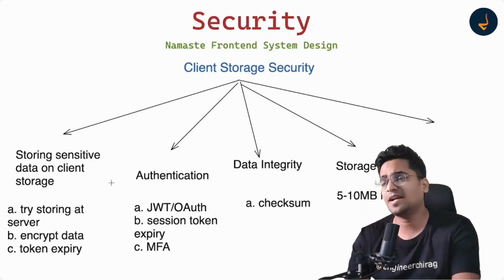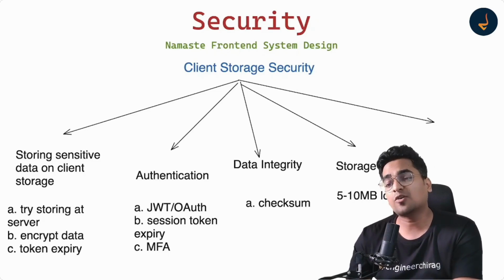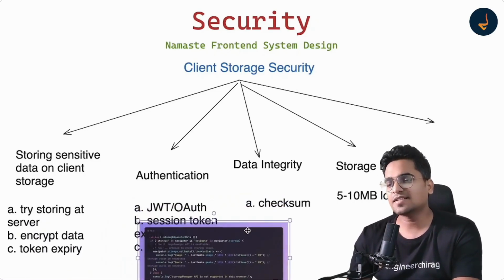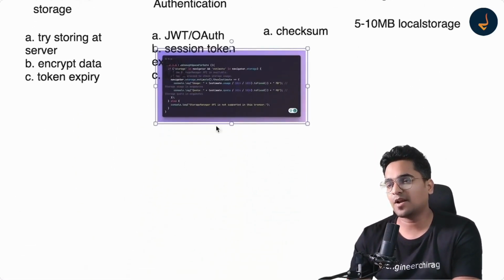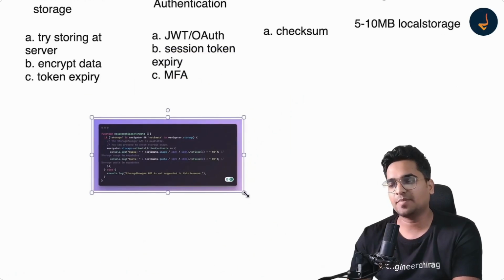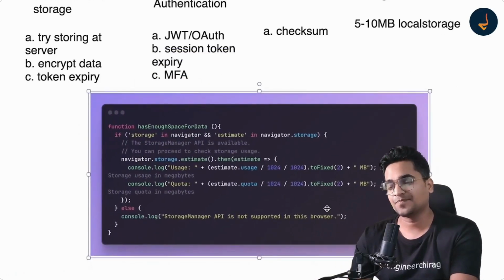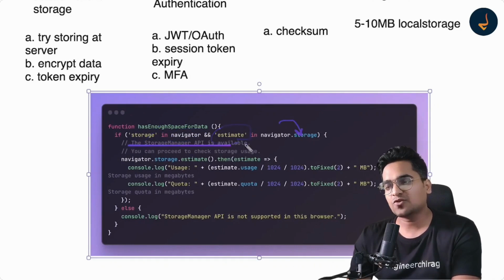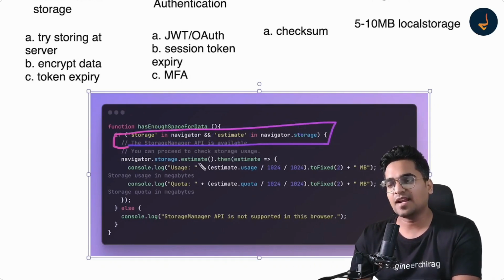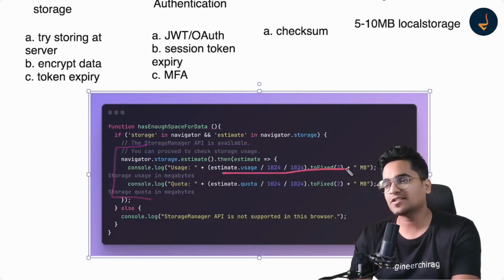Now, in this particular case, we have to understand how these things can be leveraged. So there are certain APIs provided by the browser, which are storage related APIs. For example, I will show you some glimpses. Inside our navigator, we have something called storage, and inside storage we have something called estimate. You check if that is present, and then you can calculate the estimate of how much usage is available depending on the quota.